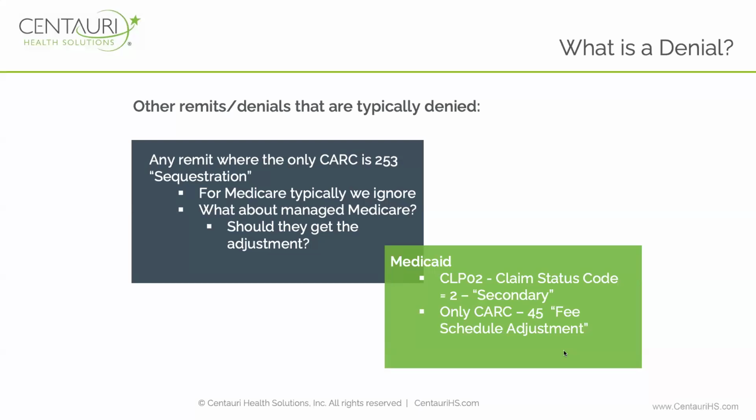And the only CARC on there will be, you'll get a claim status code of 2, which means secondary, but you'll get a 2 for fee schedule adjustment, which makes sense if Medicaid was secondary, but I've seen this in a lot of primary accounts. So again, that goes back to understanding how the claim status codes work and how they should work in conjunction with the claim adjustment reason codes.